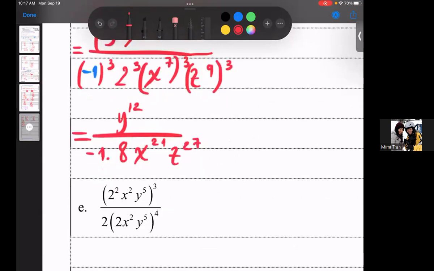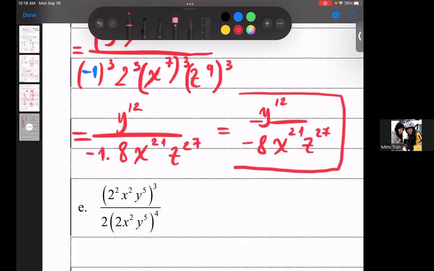If you want, you can do it like this. Y to the 12 over negative 8, x to the 21, z to the 27. I just write a lot of stuff. You don't have to.